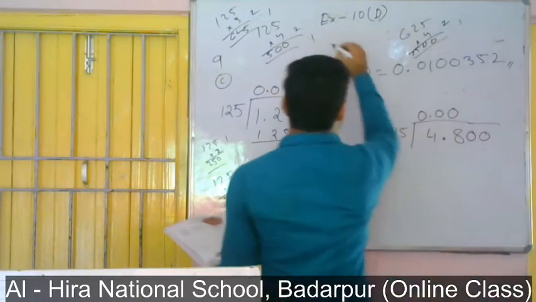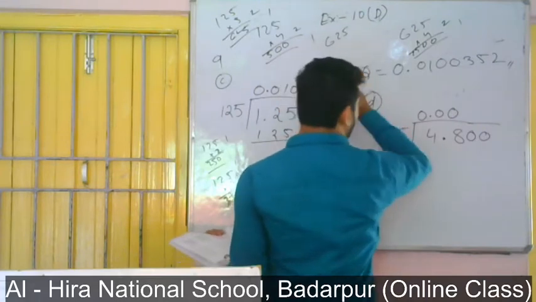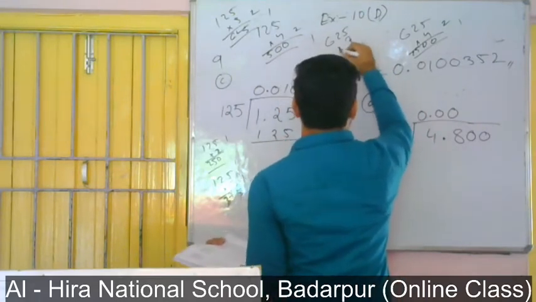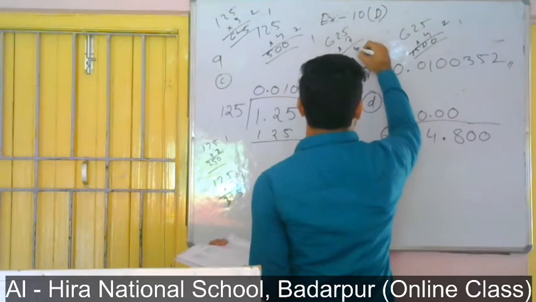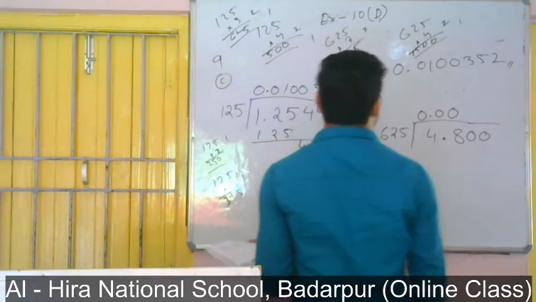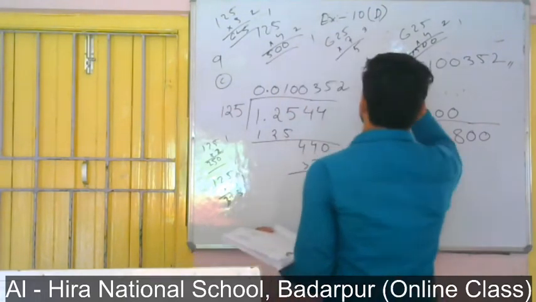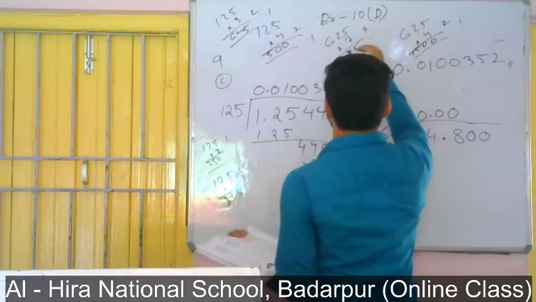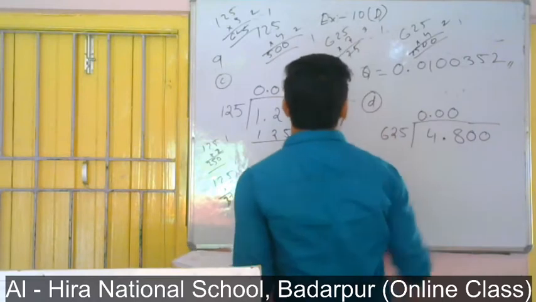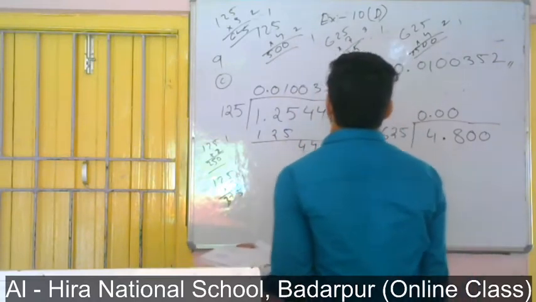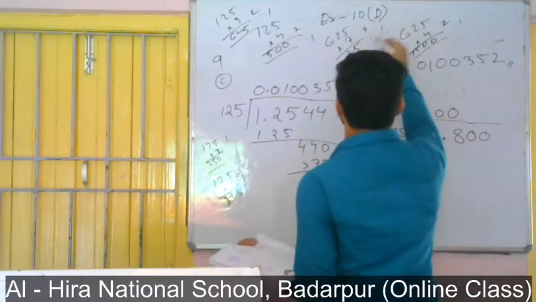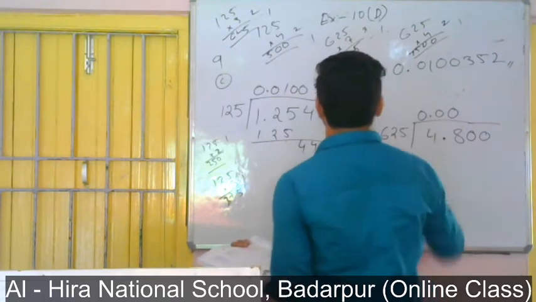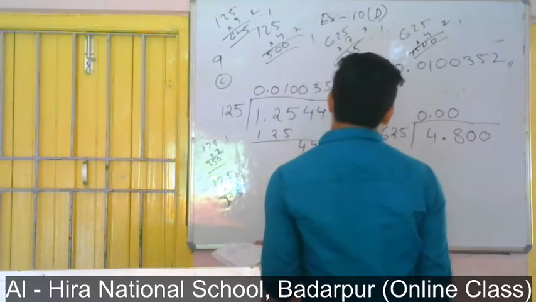So let us check 625 with 7. 7 5s are 35, here remain 3. 7 2s are 14, 15, 16, 17, so here remain 1, 6 7s are 42 and 1 is 43, 4375.